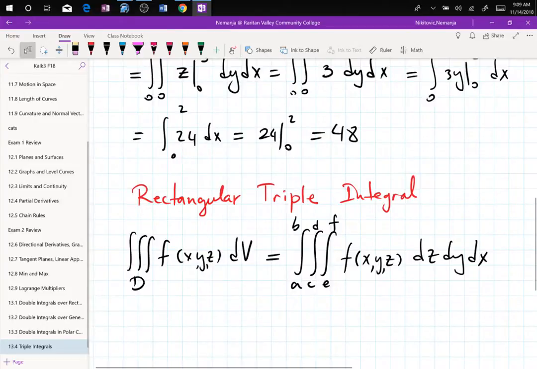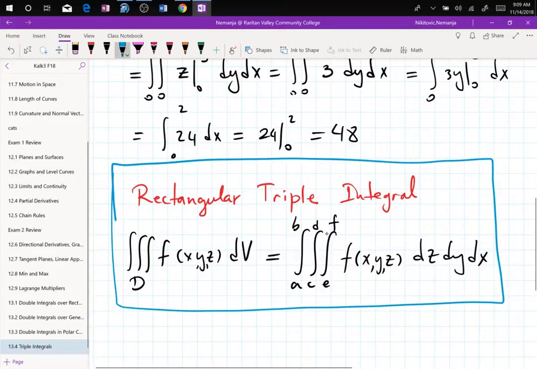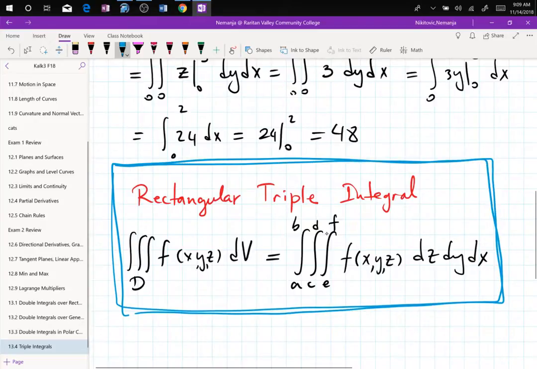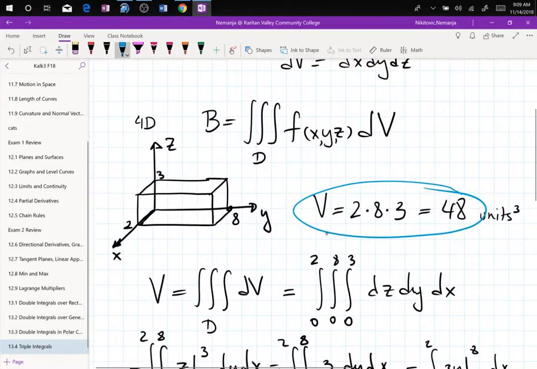So this would be our rectangular integral, and this only works for the boxes. Like nothing else, that's it, just boxes. It's a very limited use, which is why we don't use it much, right? So why would you even integrate? Yes.